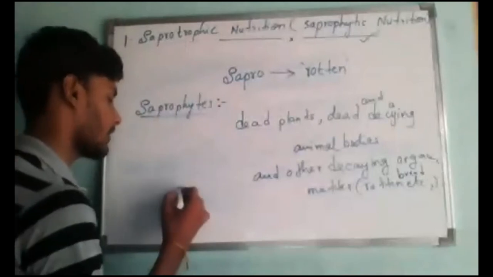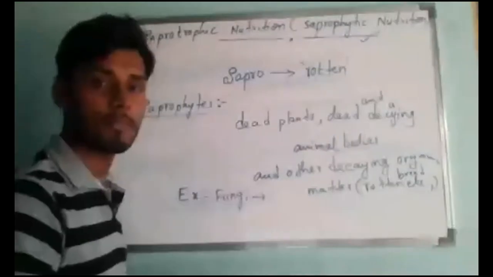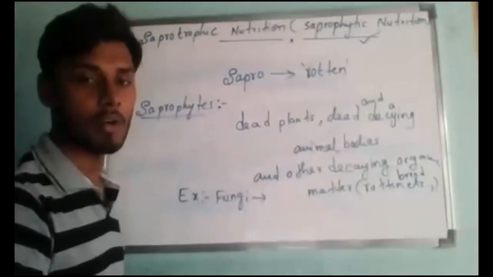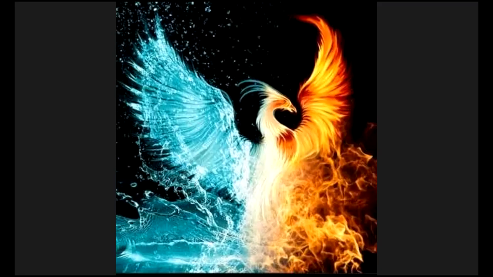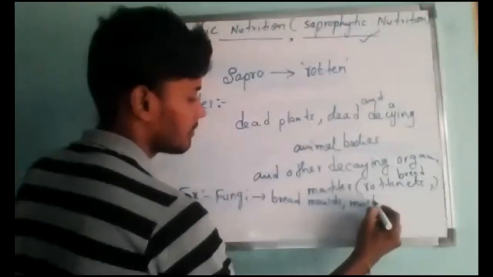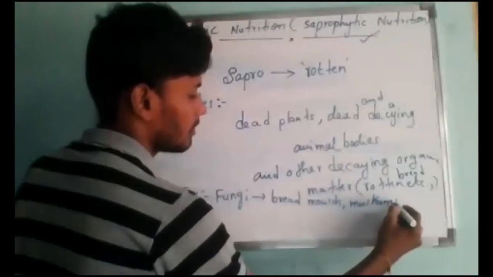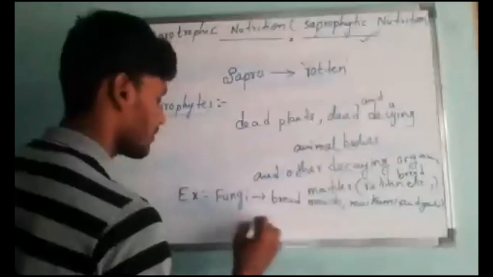What are the examples of saprophytes? You can write fungi. Fungi means bread molds, mushrooms and yeast, as well as most of the bacteria.